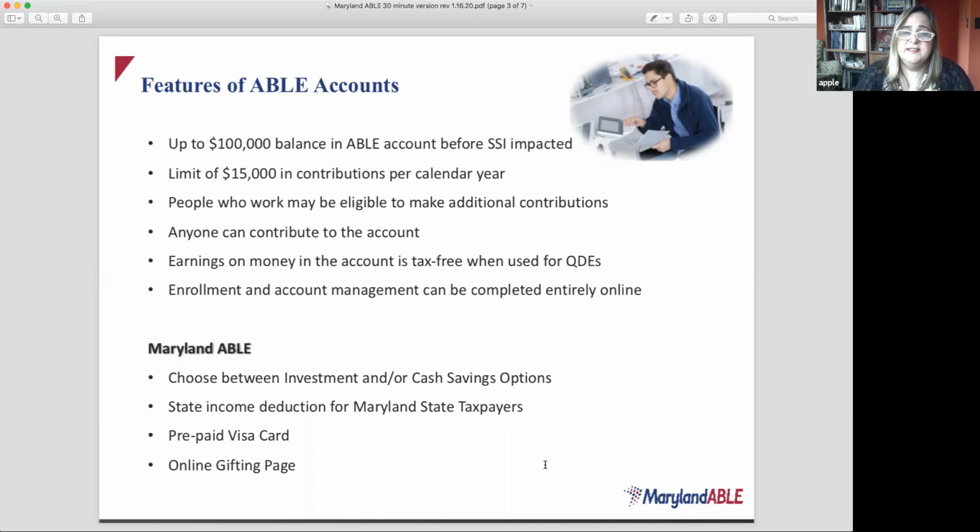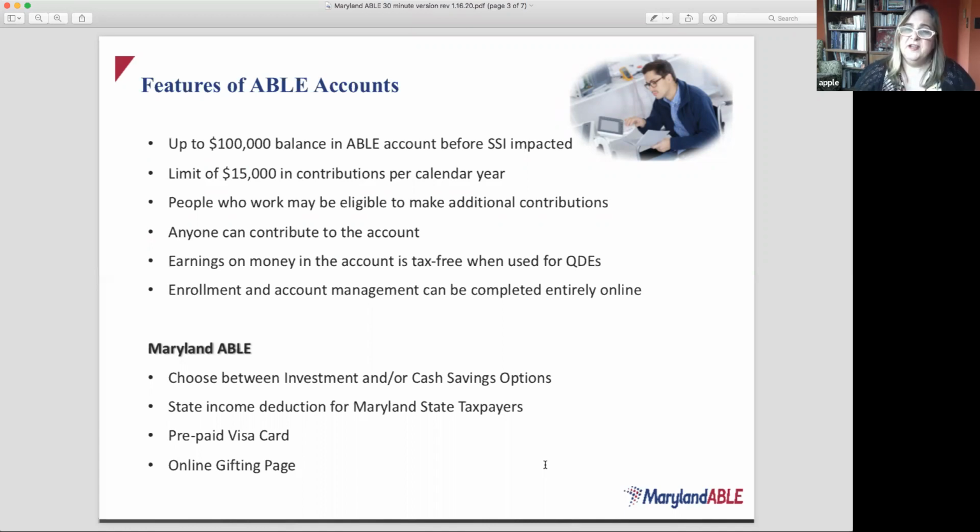If the person who has the ABLE account is employed, they have the opportunity to make additional contributions to the ABLE account. They can actually contribute an additional annual amount up to $12,490 if they meet the criteria of ABLE to Work. ABLE to Work participants are individuals who are employed, and they are not contributing to a retirement account with their employer, and their employer is not contributing to a retirement account on behalf of the employee.